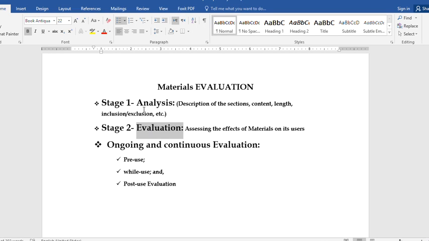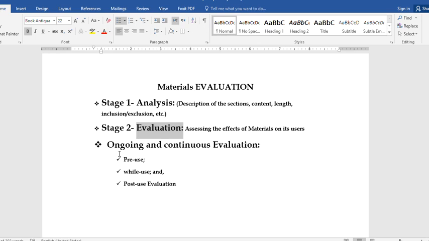Materials analysis or description is a physical description of materials. It's not that important when you want to assess and evaluate the effectiveness, usefulness, and quality of materials, and you should go to stage two, which is called materials evaluation.